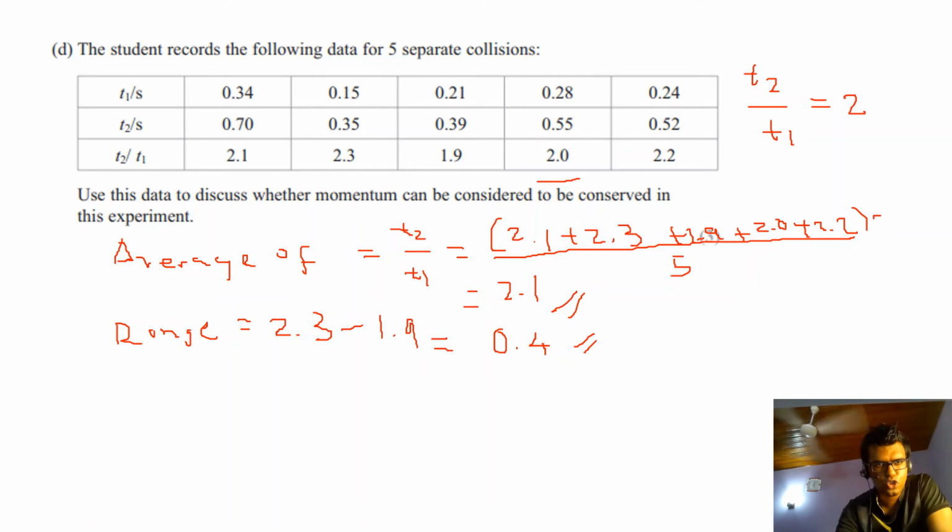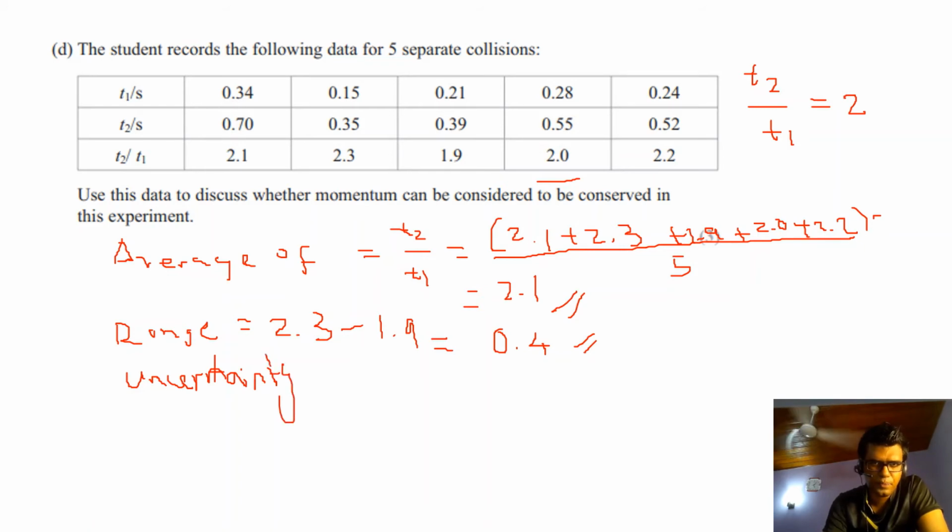Right. So the absolute uncertainty is range divided by 2. 0.4 divided by 2 is 0.2. That is the uncertainty. So let's find the percentage uncertainty now.